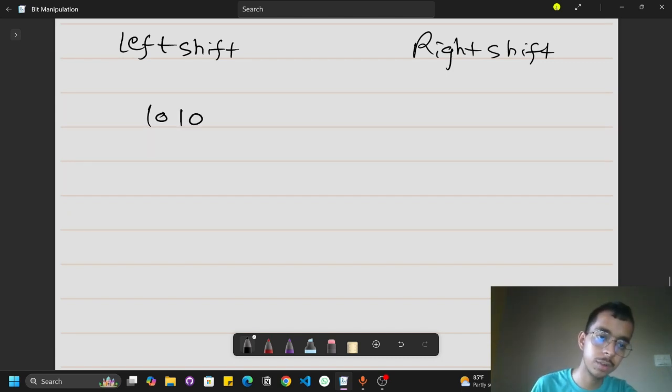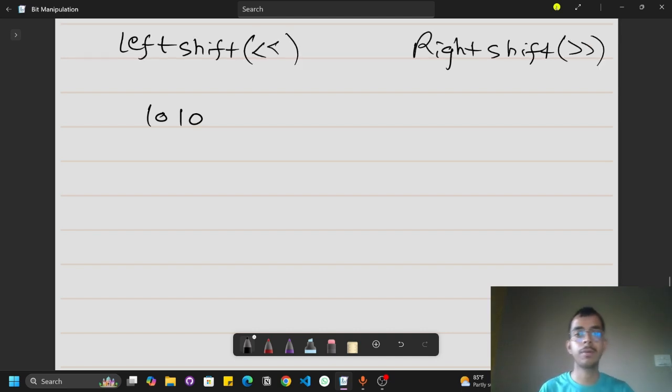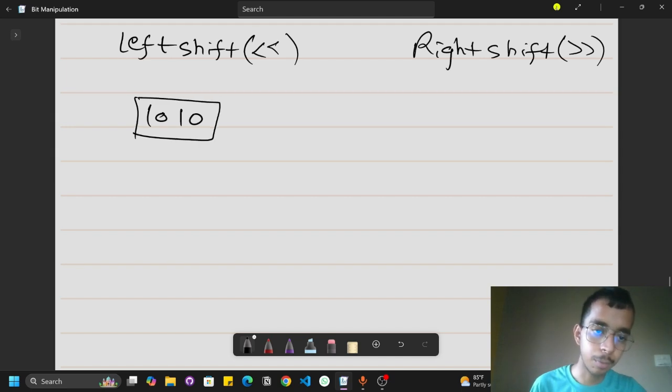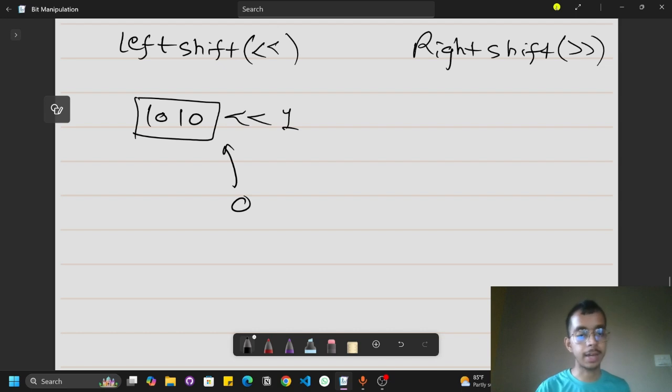Let's say you have 1010, and you are going to shift the bits to the left. So this is left shift and this is right shift. If you left shift it by 1, you are going to push a 0, like pushing a 0 in the stack.